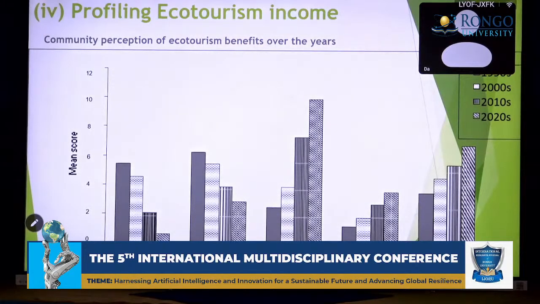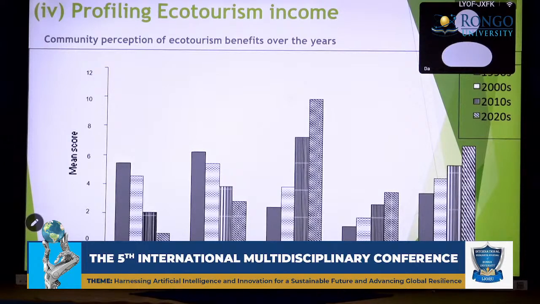We also, in this study, established the ecotourism income profile of the various categories of sites or resources. For instance, we have looked at the non-timber forest products, which the communities through ecotourism activities are looking at.